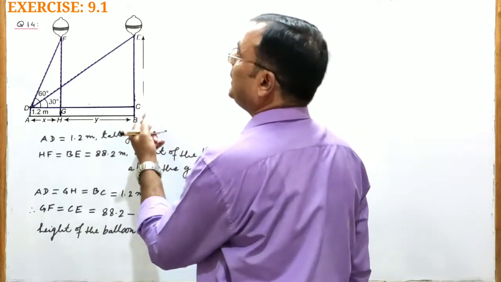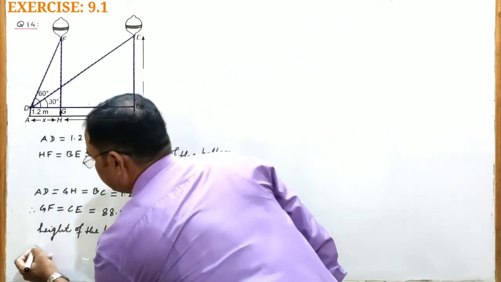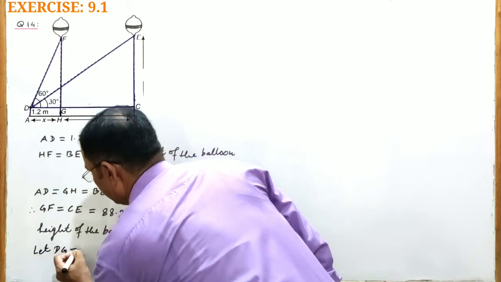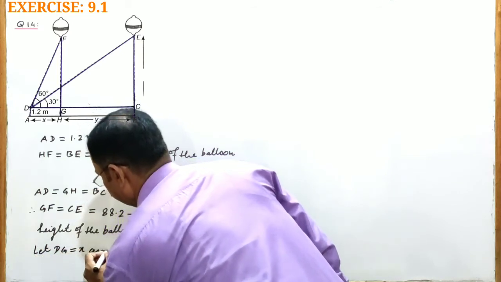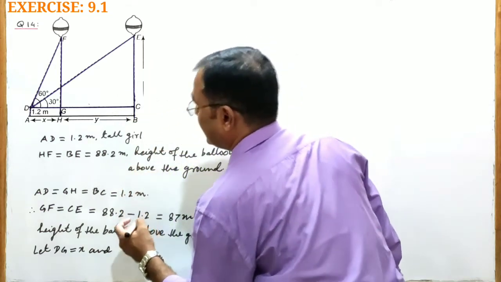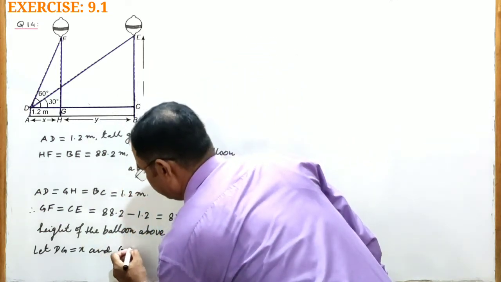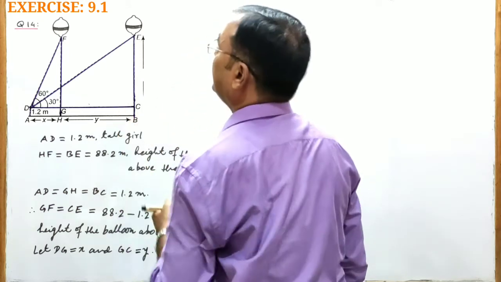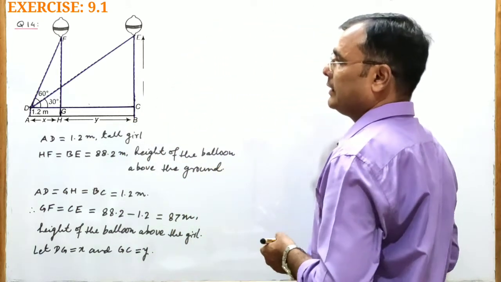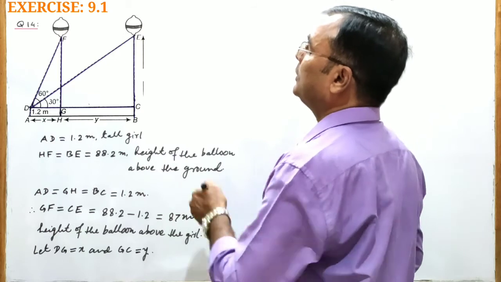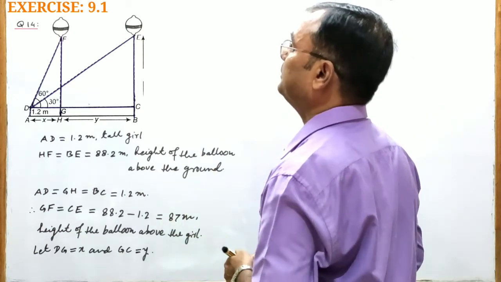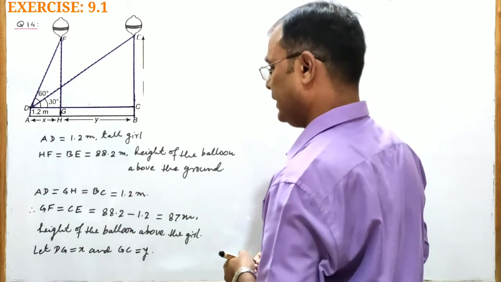Let DG be equal to x and GC be equal to y. This y is the distance travelled by the balloon during this interval of time.